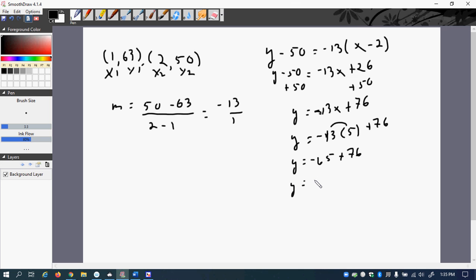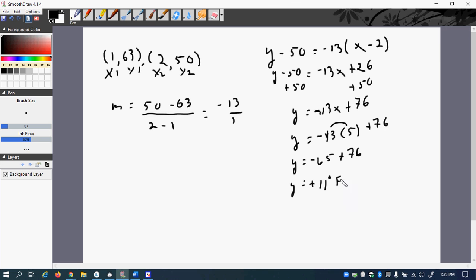So I just have to take the negative 65 from the 76, so I get 11. And it's positive. Okay, and so that would be my degrees Fahrenheit at 5.